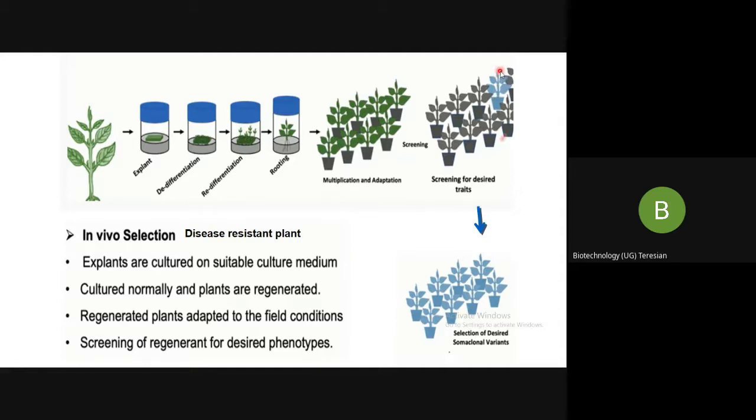So you have screened it, and now you make your selection of the somaclonal variation. You took the explant, you grew it into a whole plant, and finally you see that your plant is showing some resistance against certain disease. You'll be really happy, right?